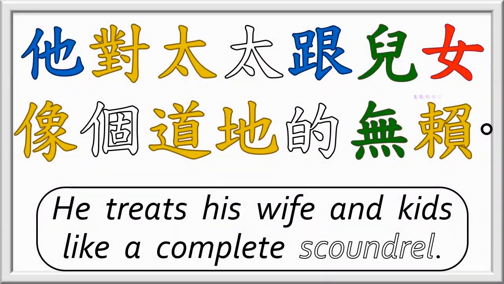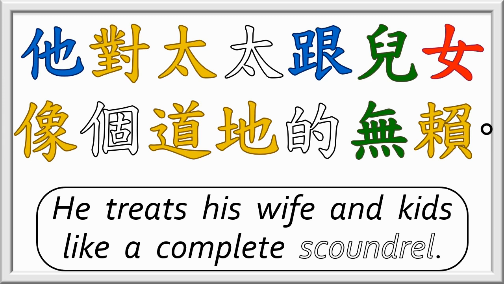A person who doesn't engage in honest work, is totally unreliable, irresponsible, with no credibility, is called 无赖. This term is often translated into English as scoundrel, villain, or a shameless cheater. 他对太太跟儿女像个到底的无赖.